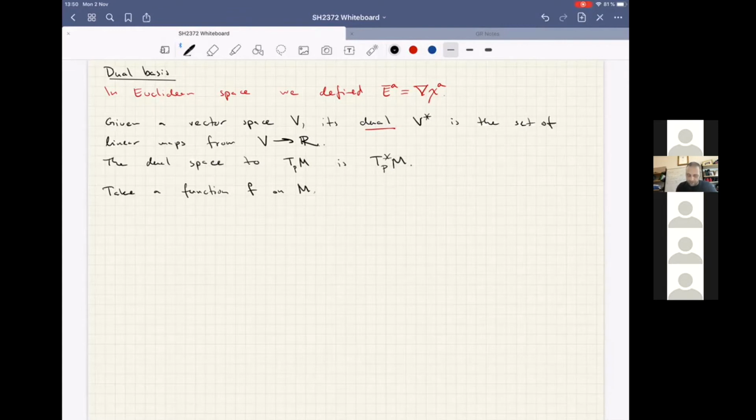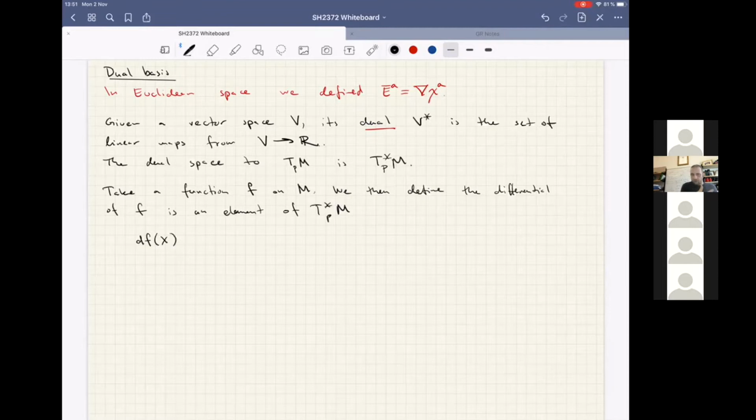We can then define the differential of f, which is an element of this dual space. And the way we will define it is that we define df, the differential of f, acting on a vector x.